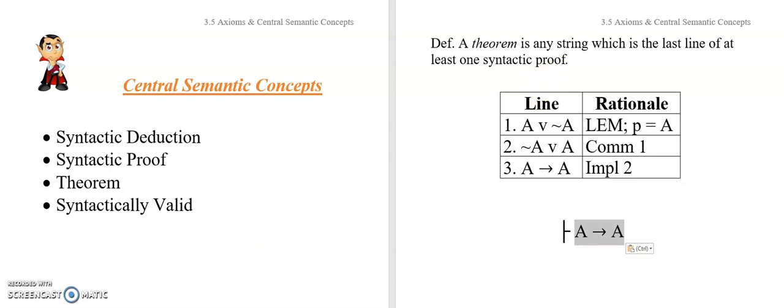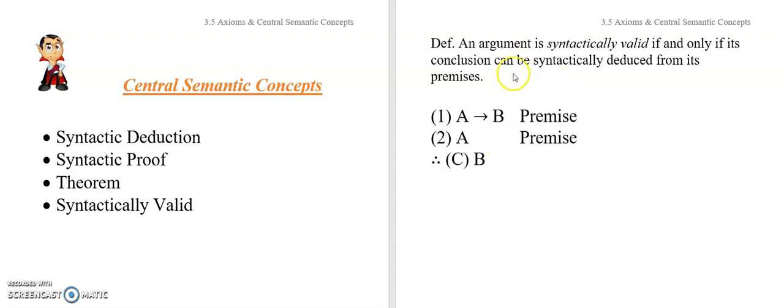Let me put it up here along with an example. So an argument, for example, this one right here, here's an argument. Notice it has premises, okay? An argument is syntactically valid, right? So we talked about semantic validity, and that had to do with what happens on the argument's truth table. Well, an argument is syntactically valid if and only if its conclusion, in this case it's B, can be syntactically deduced from its premises.